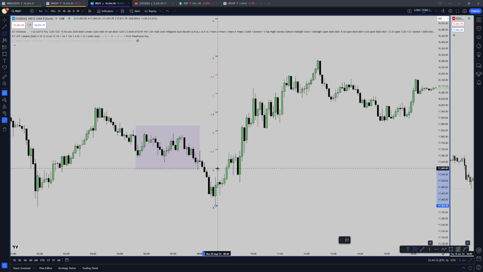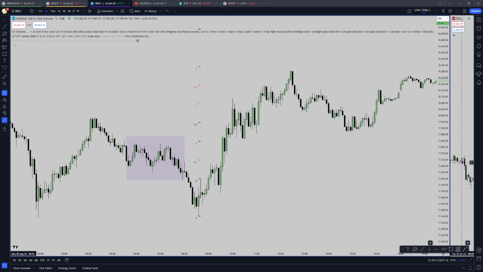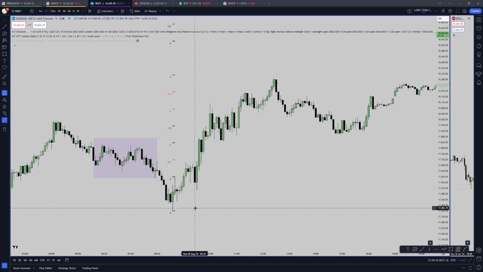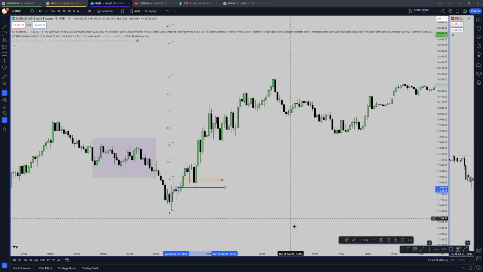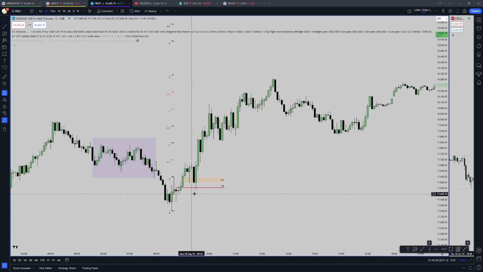So we draw our fib right here. 9:30 opens, drops down into this fair value gap and this order block, and continues higher. So this would be your low risk entry. We then continue distributing until 10 o'clock, where we accumulate.